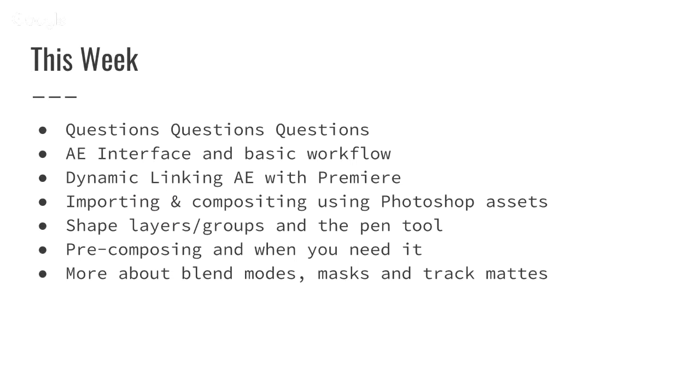This is where we talk about basic compositing, pre-composing and when you might need it. Then we'll talk more about blend modes, which we did 2 weeks ago, masks, and a new thing called track mats. This is basic compositing. This is like the beer and pretzels of visual effects work: blending modes, masks, track mats, and the function of how layering works.